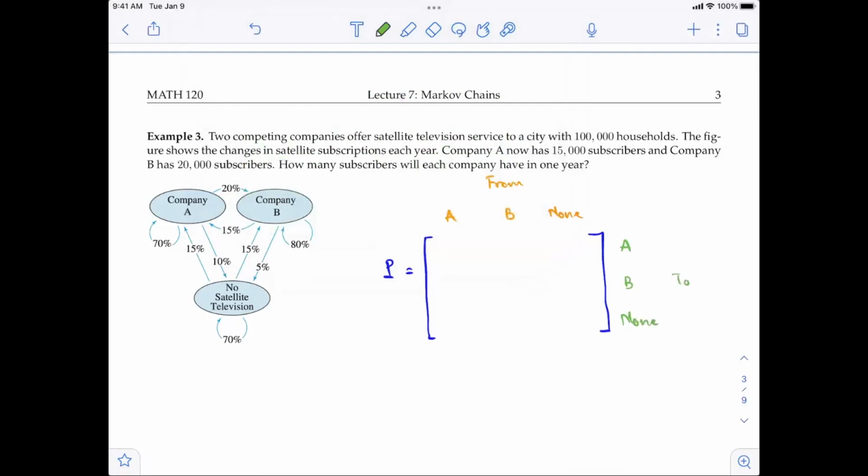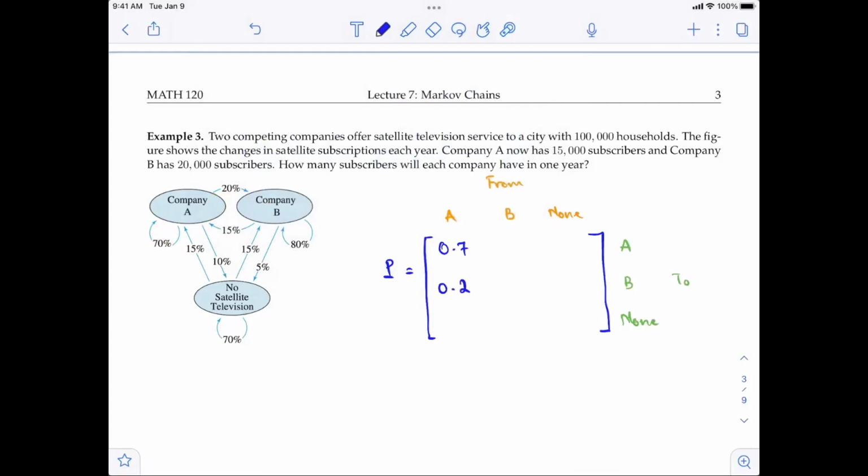All right, so if the subscriber is using company A, there is a 70% chance that they use the same company again after 1 year. So that would be 70% or 0.7. Now in state A again, after 1 year, the subscriber can switch from company A to company B. So there is 20% that could happen.